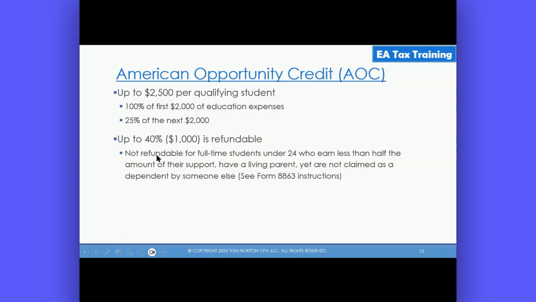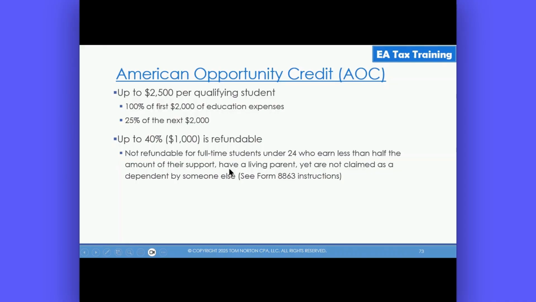However, it is not refundable for a full-time student under age 24 who earns less than half the amount of their support. They're living with their parent, yet they are not claimed as a dependent by someone else. They don't want people playing games and saying, okay, we're not going to claim you as a dependent, so that you can take the American Opportunity Credit and it will be refundable.